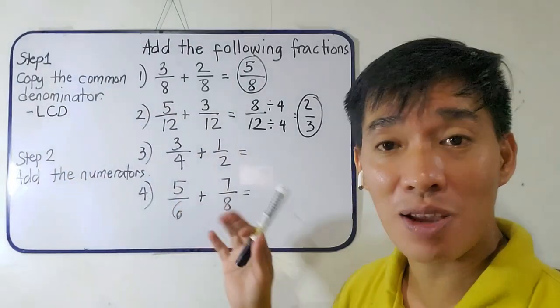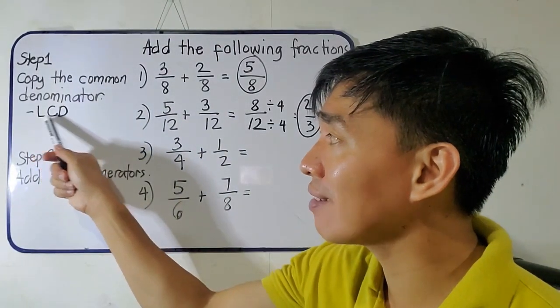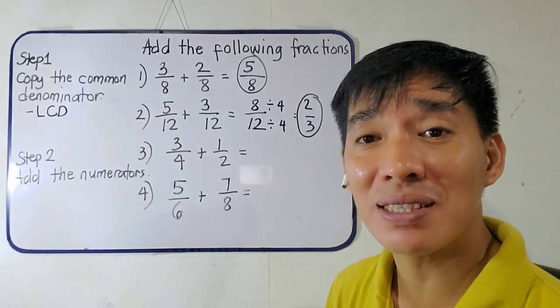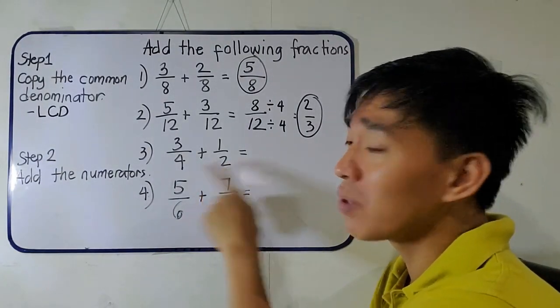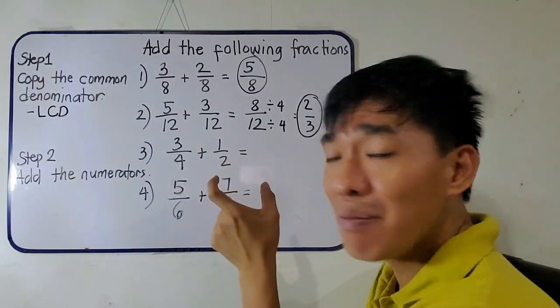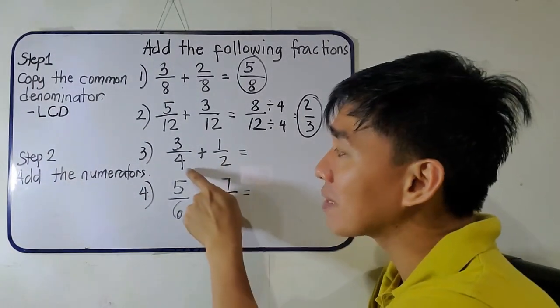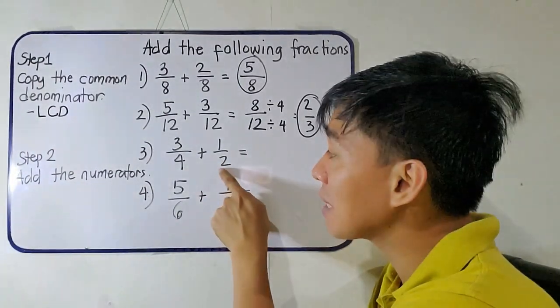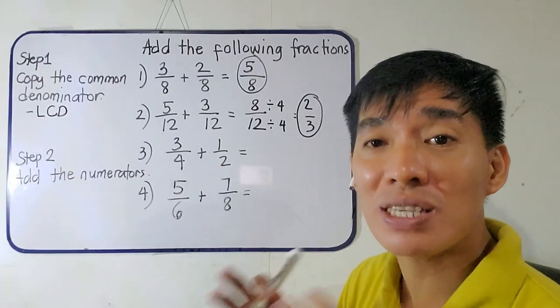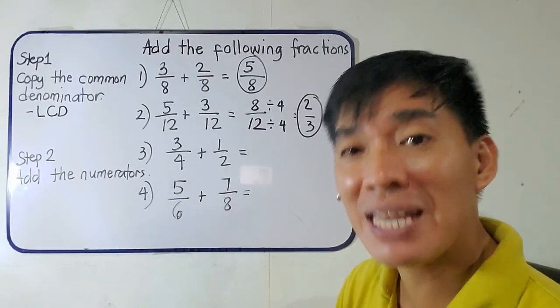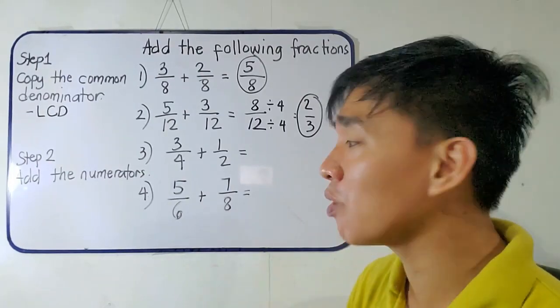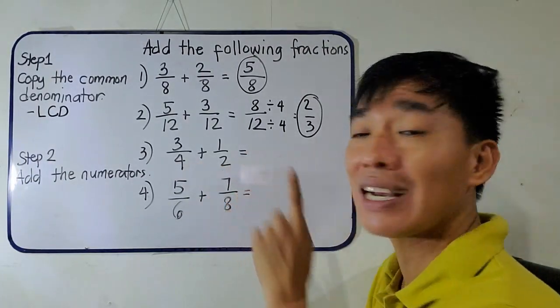In this case, they're not common, so we have to look for the LCD, or the least common denominator, the smallest number where the two numbers will meet. Sa diin ba nga number matabo sila nga duha, kung mag-skip count ka by 4 kag mag-skip count ka by 2, amo na sa ambot silingon sang least common denominator, ang pinakagamay nga numero nga tabuan ni 4 kag ni 2.